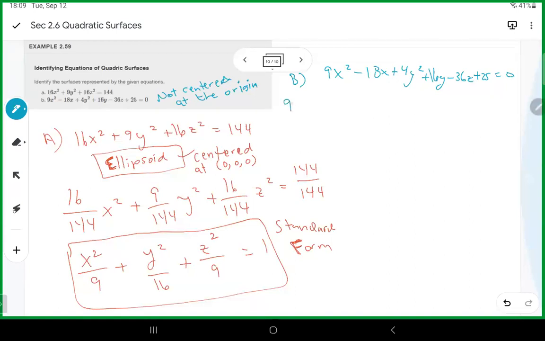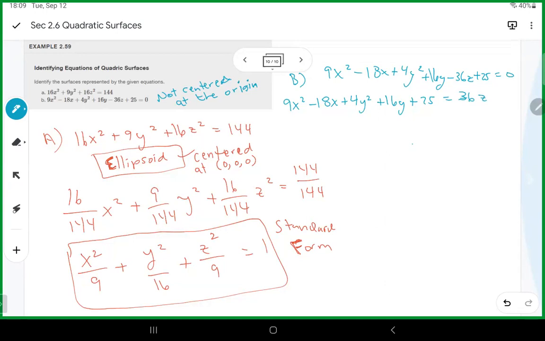So we have 9x squared minus 18x plus 4y squared plus 16y plus 25 equal to 36z.